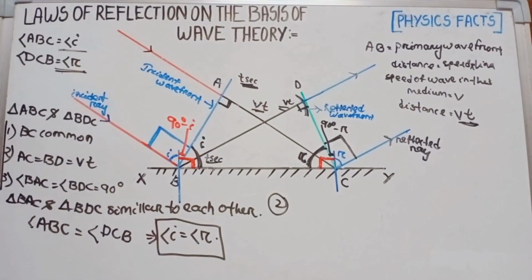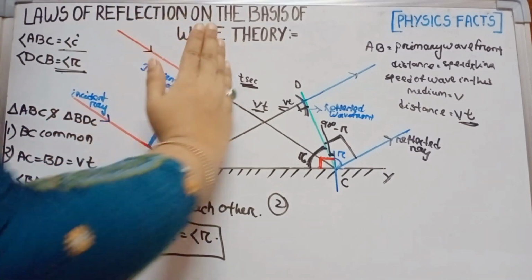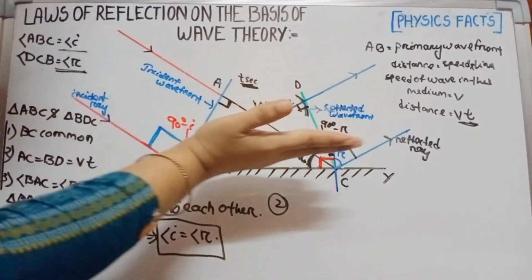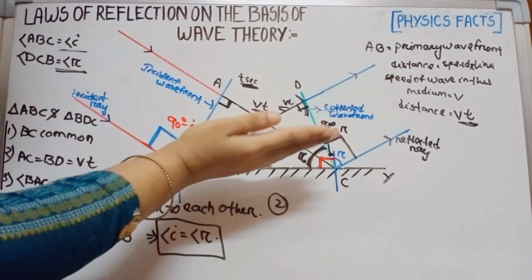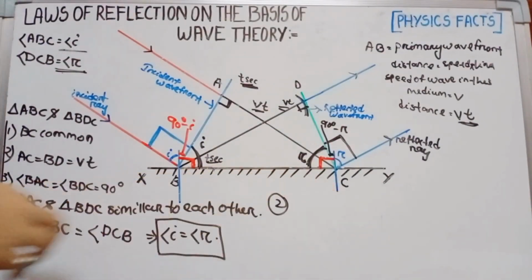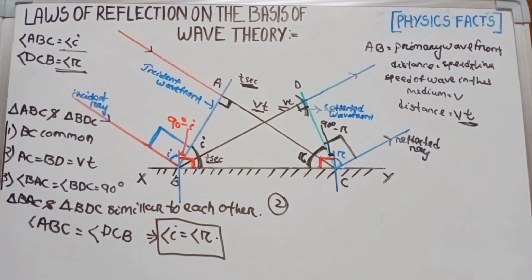So what happened here? This incident wavefront, reflected wavefront and the reflecting surface are perpendicular to the plane of both. Okay students, यहाँ पे ये clear हो गया? ये हो गया laws of reflection. Next we go to laws of refraction.